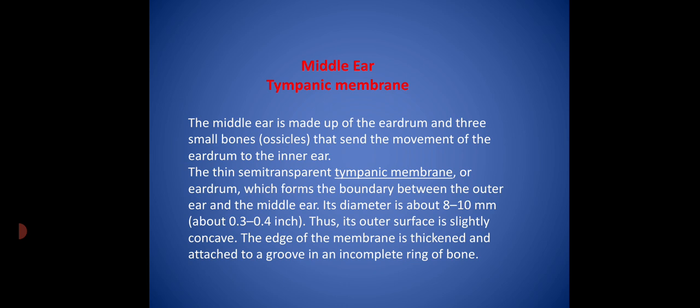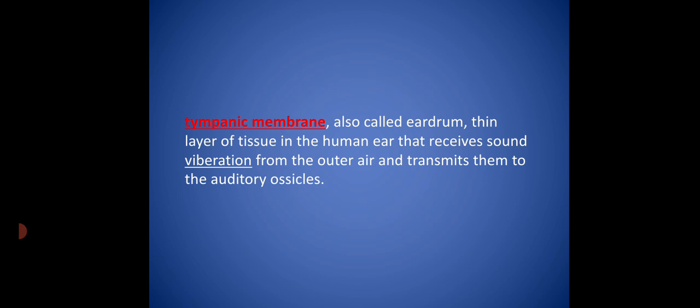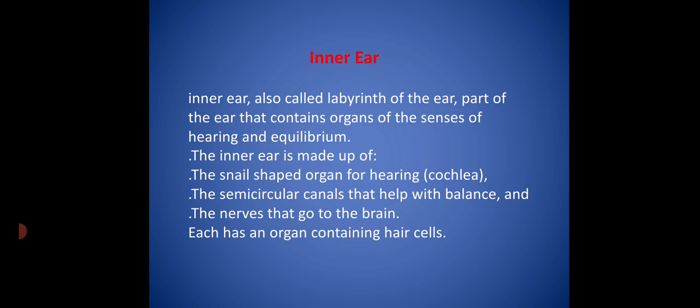The tympanic membrane, also called the eardrum, is a thin layer of tissue in the ear that receives sound vibrations from the outer ear and transmits them to the auditory ossicles, like I told you.